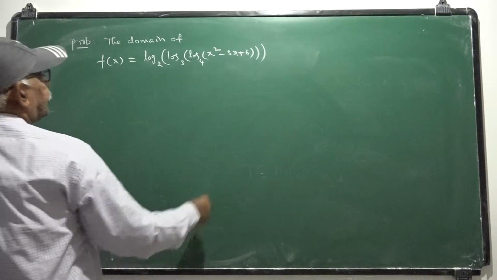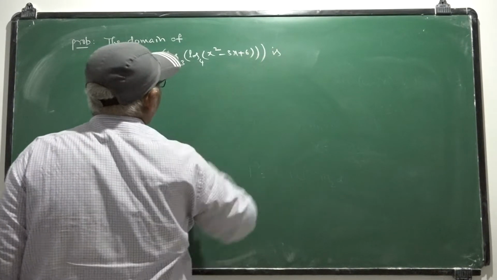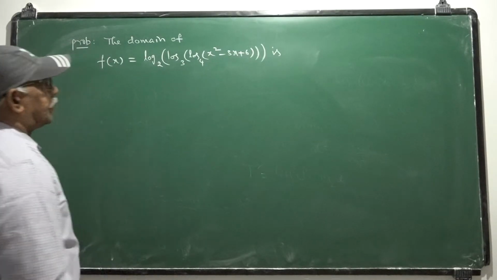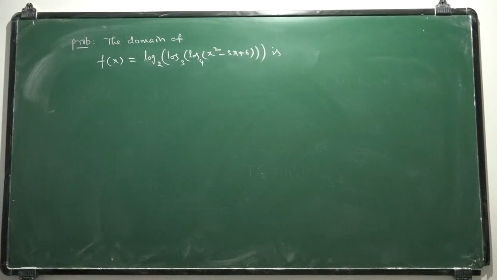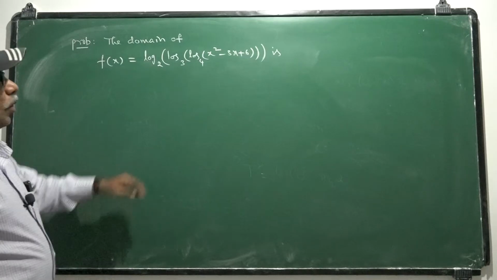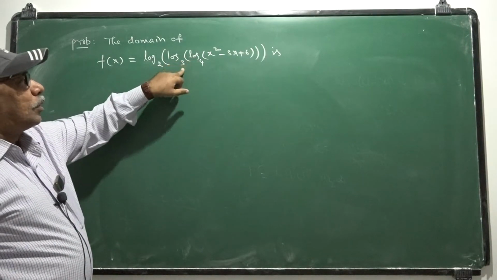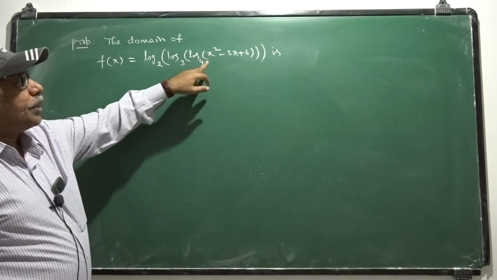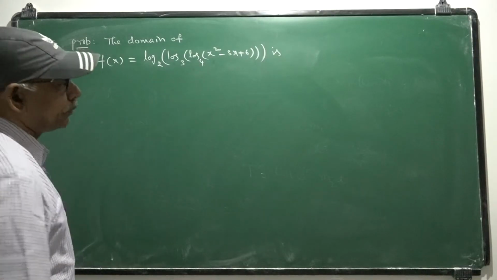What is the domain of the function f(x) equal to log to the base 2 of log to the base 3 of x square minus 3x plus 6 to the base 4?